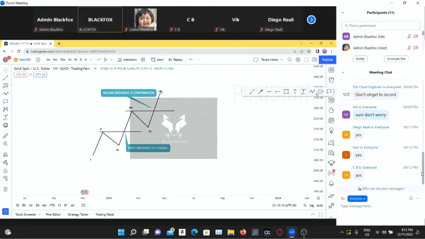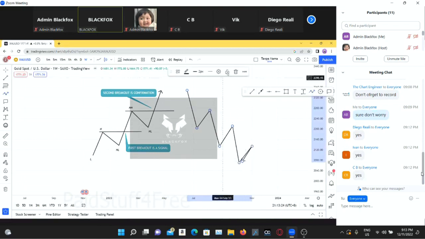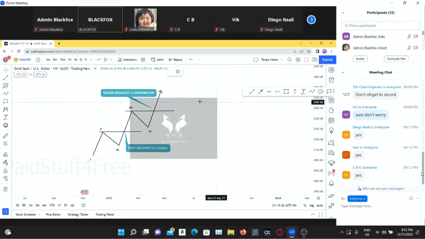Downtrend, same like this. Downtrend just same like this. This one is downtrend, right?